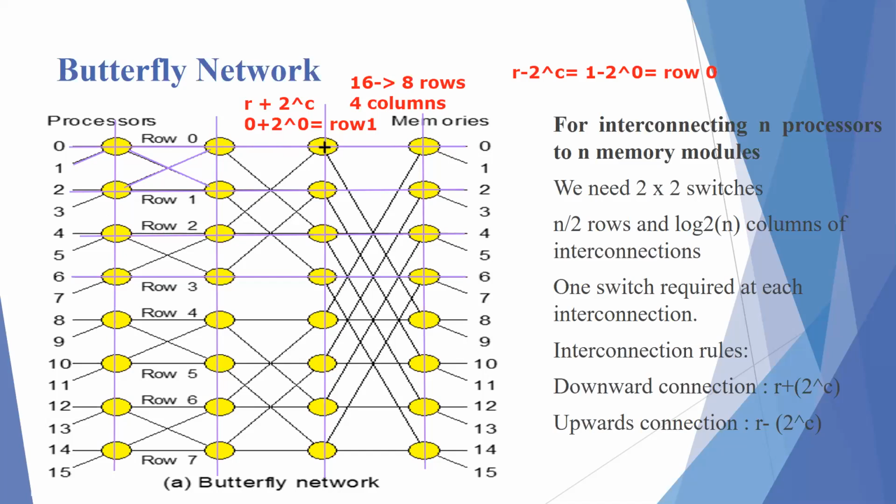connection, where will it go? So if I find out, this becomes row plus 2 raised to the power column. So row is 0 plus 2 raised to the power column, and the column is 1. See here, this is column 1.